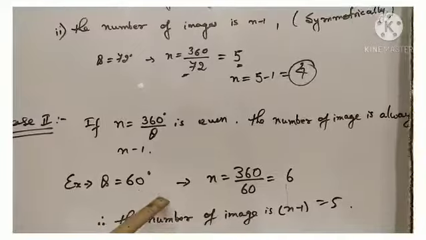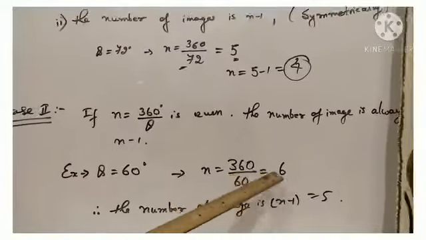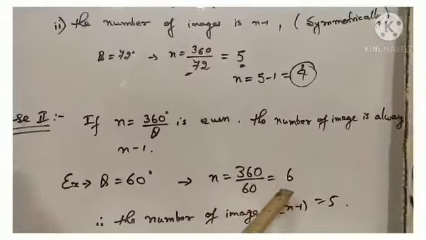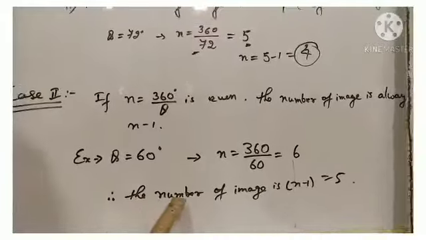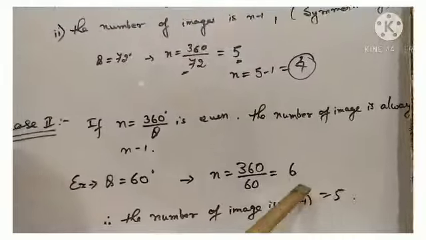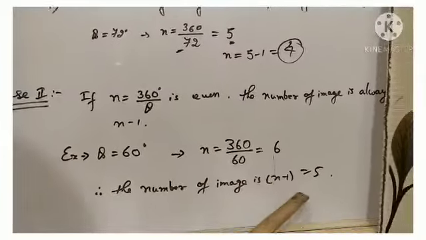So n is 360 by 60, hence 6. Our answer is even, so straight away the number of images is n minus 1, that is 5. Suppose our answer is 4, then n minus 1 is 3.